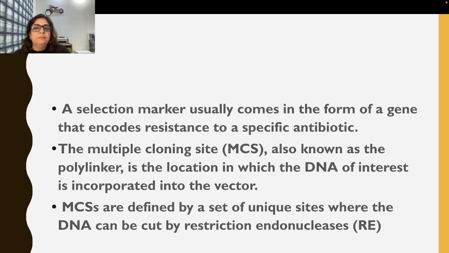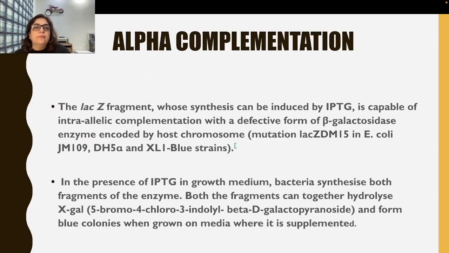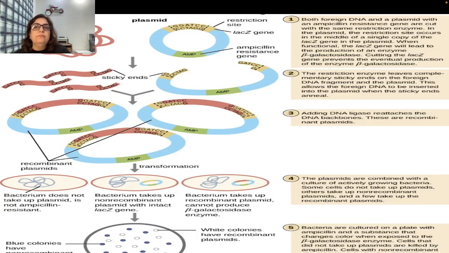Then, as I have told you, we can select the recombinant pUC19 by seeing the blue white colonies. This is alpha complementation. This is the diagram.